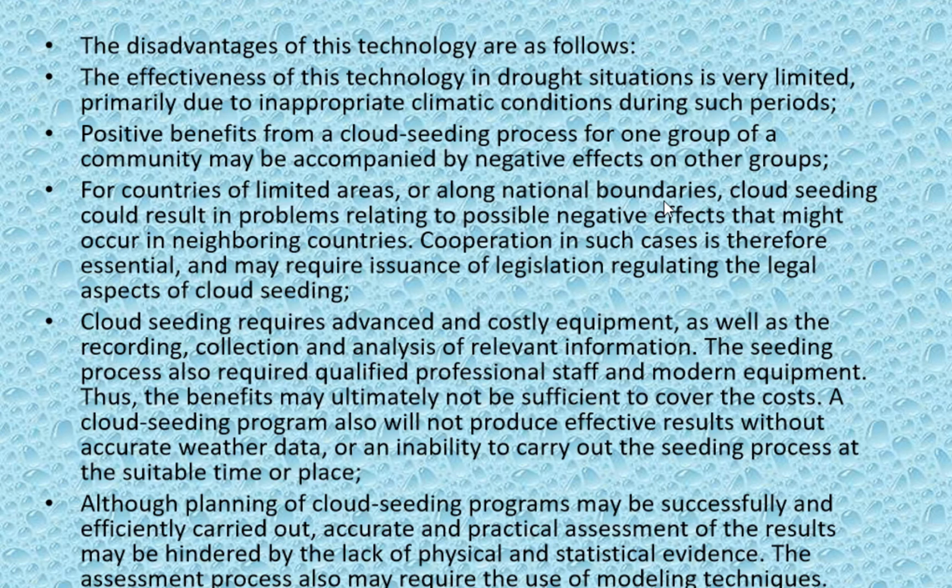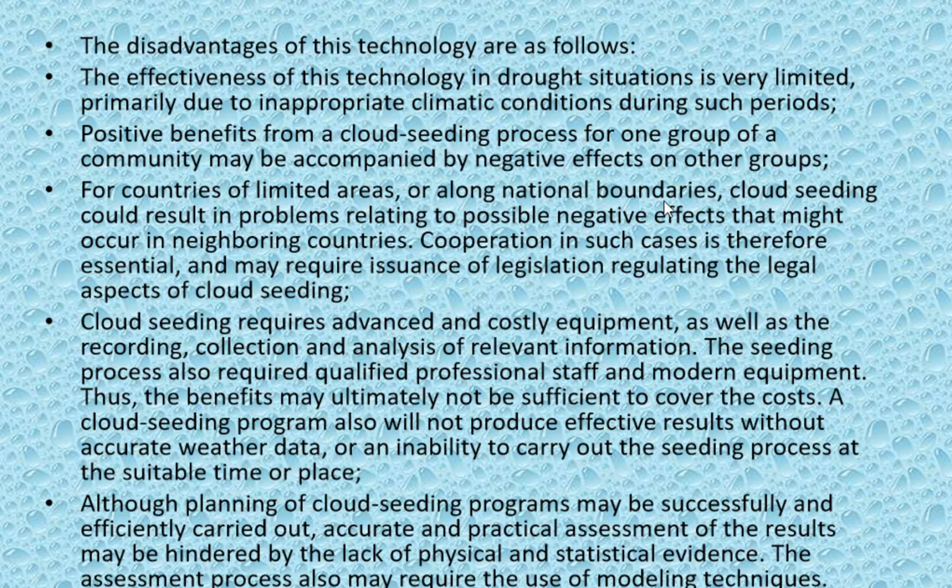For countries of limited areas or along national boundaries, cloud seeding could result in problems relating to possible negative effects that might occur in neighboring countries. Cooperation in such cases is therefore essential and may require issuance of legislation regulating the legal aspects of cloud seeding.